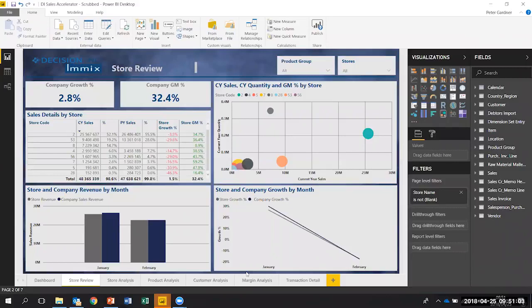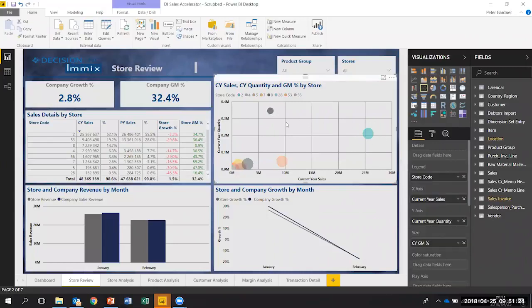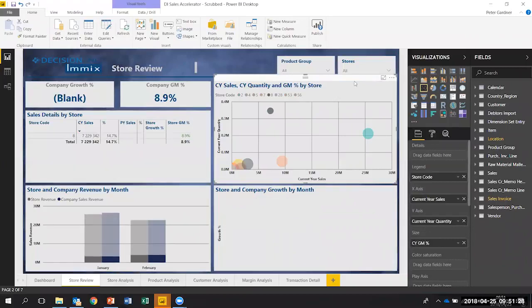If we look across the top right, we've got store performance, analyzing revenue and quantity of products moved for the year to date. And you can see here, store 2 is far and away the best performing store in terms of revenue. In terms of quantity, store code 8 has sold the highest quantity of units, but for much less revenue.